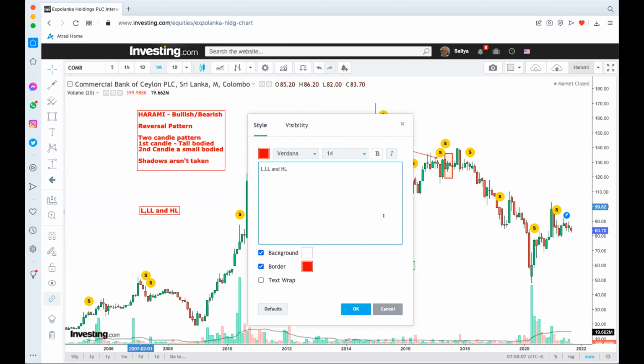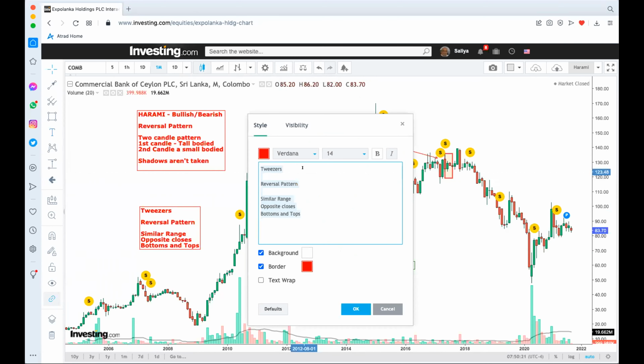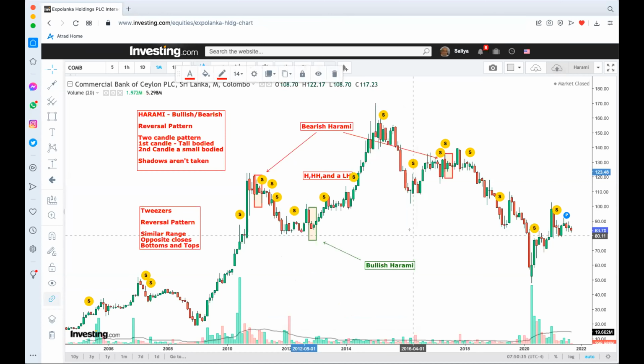A swing high, right? A swing high is when you have a high, then a higher high, and a lower high.